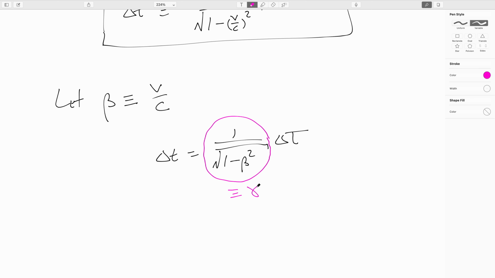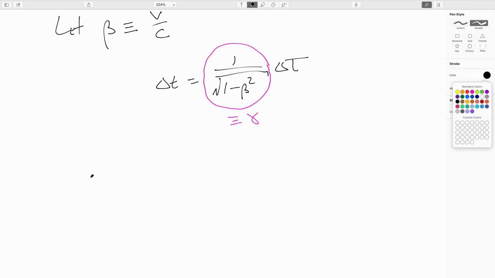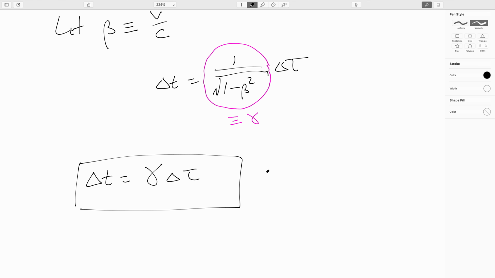So usually we will just write that delta t, or the time between two events in the dilated frame, is equal to gamma delta tau. And this is with gamma being 1 over root 1 minus beta squared, and beta being v over c.